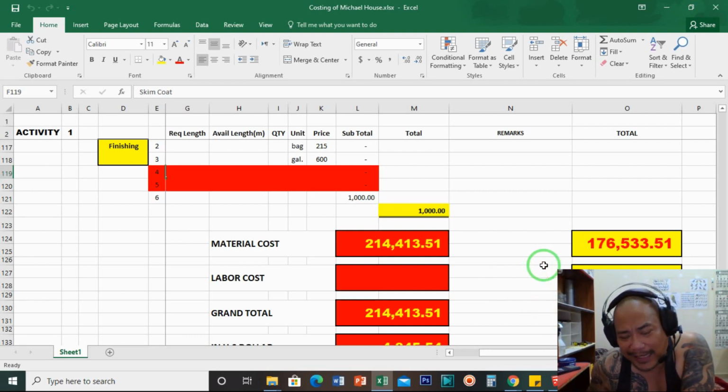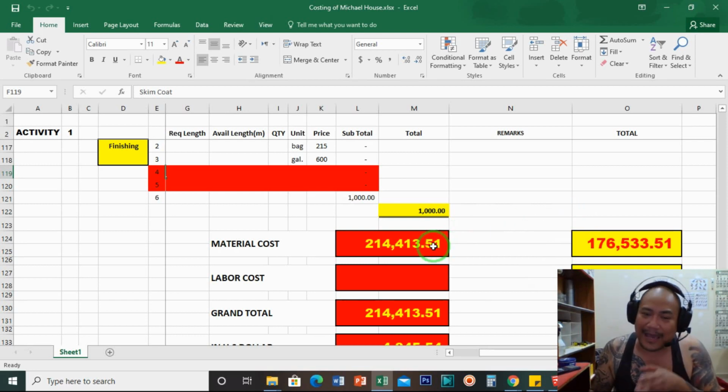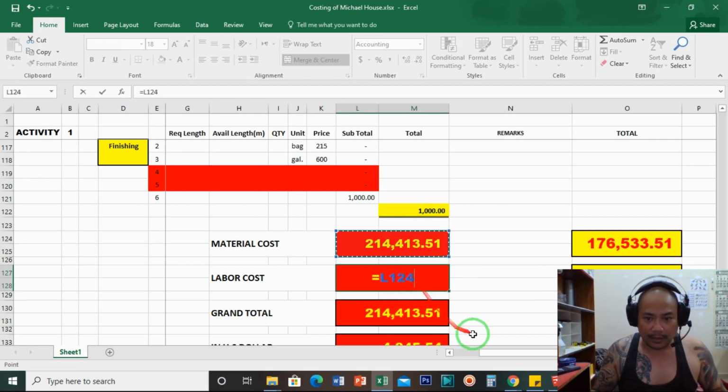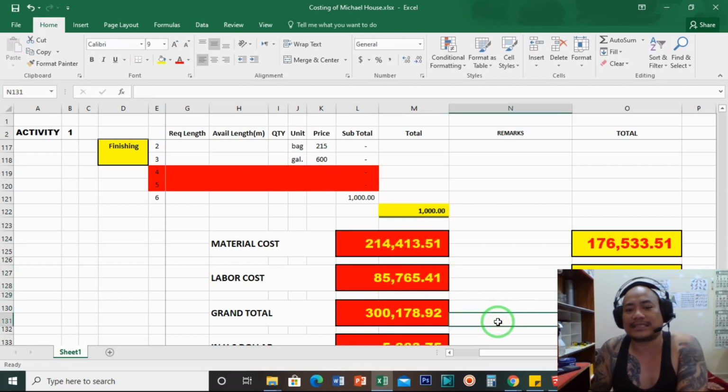So in this computation, my friend, the amount of this house is, if and only if I put labor cost for this one, so this is the labor cost.